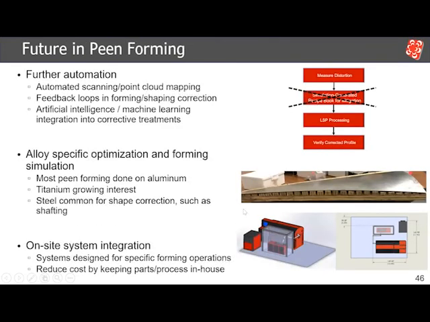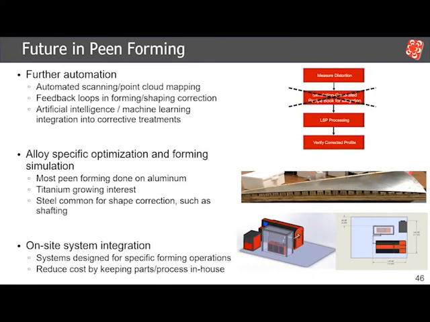Specifically, when we look at the further automation of the laser peening process, there's a lot of work being done right now in scanning data using point cloud mapping data, creating the feedback loops that'll help predict where components need to be processed rather than any physical measurements.